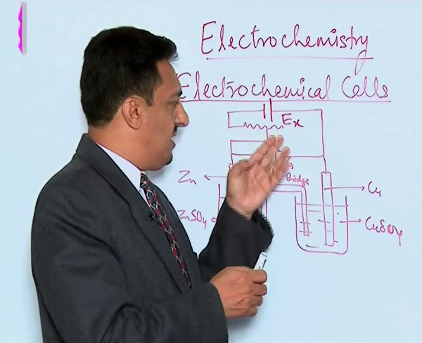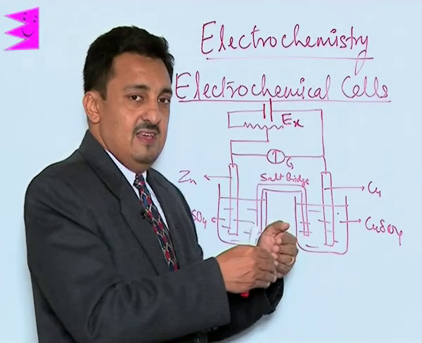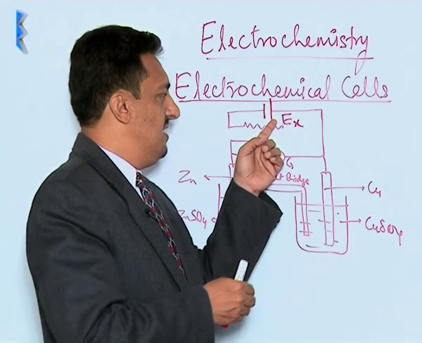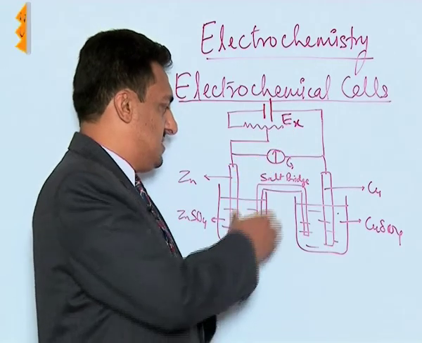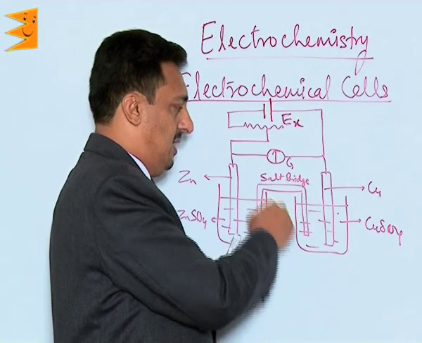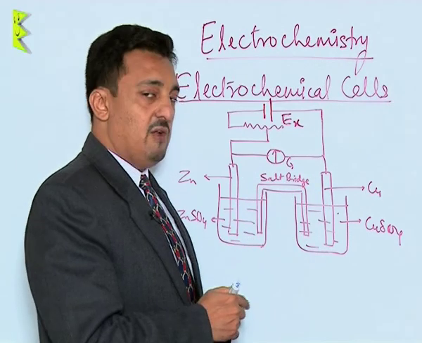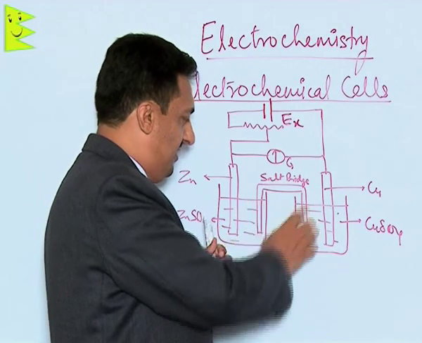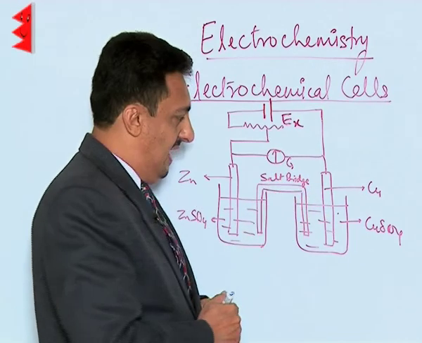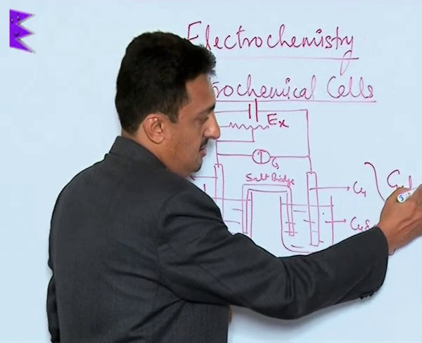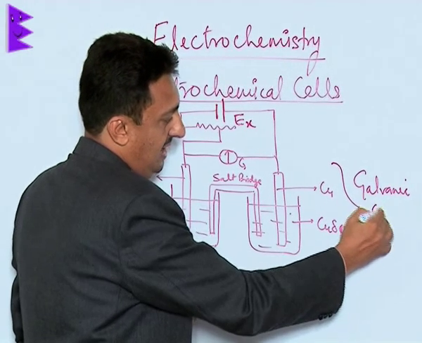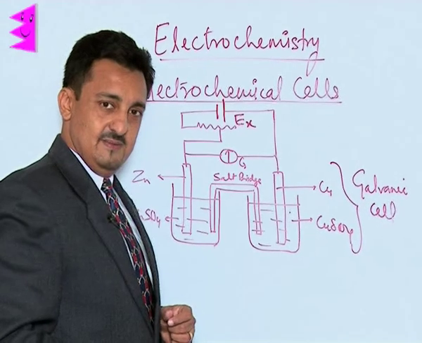Now if we keep on increasing the potential of this EX cell, till it is less than this 1.1 volt, the normal reaction takes place in this cell, and this cell behaves like your normal galvanic cell or voltaic cell.